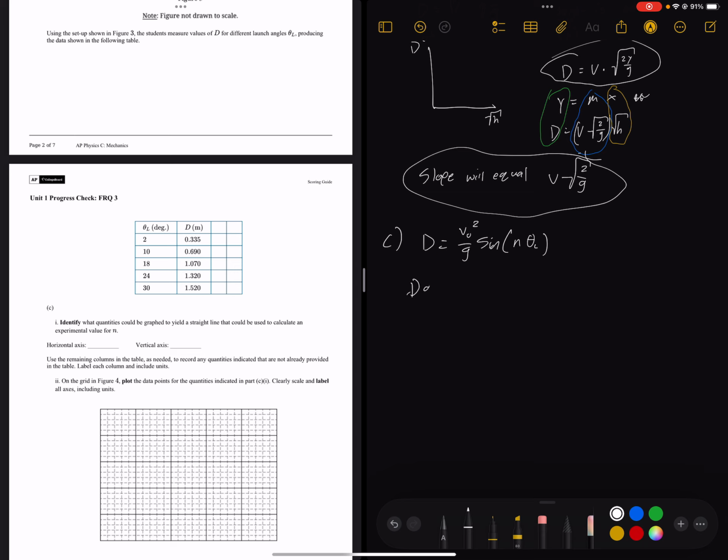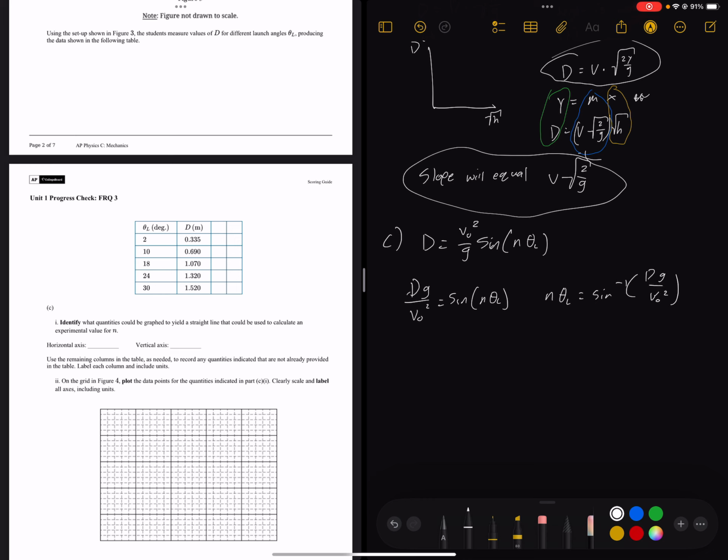So I have d times g over v naught squared is equal to the sine of n times theta L. Then I'm going to take the inverse sine of both sides. So n times theta L is equal to the inverse sine of d times g over v naught squared.